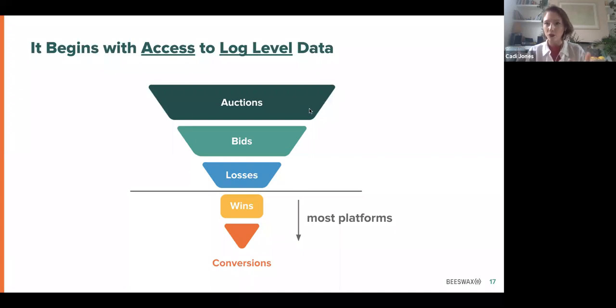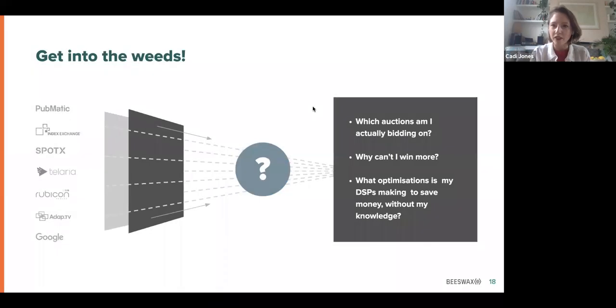The other piece with auction logs and bid logs is that you can start to get an understanding of where these auctions are actually available, and through which partners they are available. I think this is actually the question on the next slide: which auctions are you actually bidding on, and why can't you win more of them?